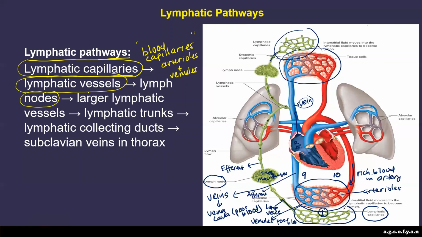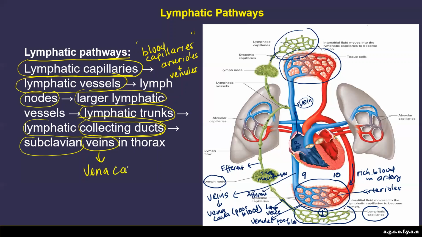It is going to go to larger lymphatic vessels, and these larger lymphatic vessels then combine together to make what we call the lymphatic trunk, and then many lymphatic trunks will also combine into what we call the lymphatic collecting duct, and this is the last one that will enter into the vein. Mostly it will go to the subclavian vein before going to the vena cava.